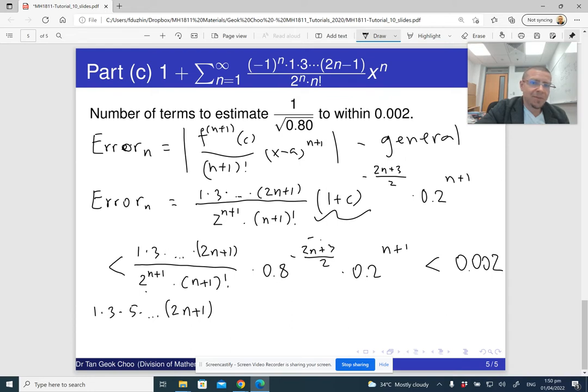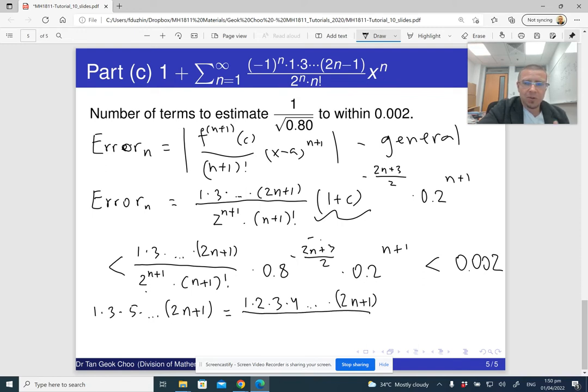But you can't really enter it into Desmos Calculator. You can enter a factorial, and in order to get a factorial, you need to multiply by all the even numbers in between. So it's 1 times 2 times 3 times 4 and so on up to 2n plus 1.